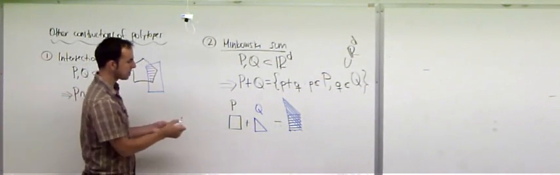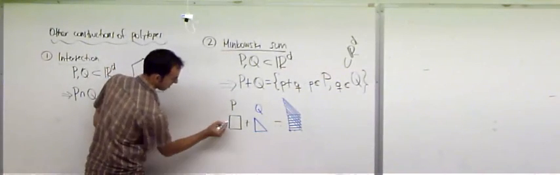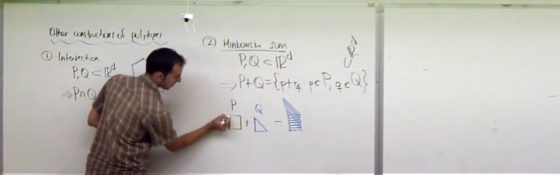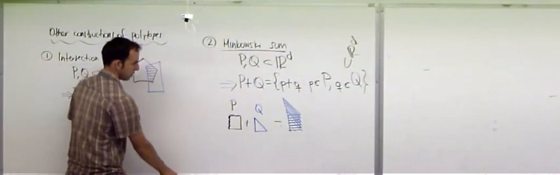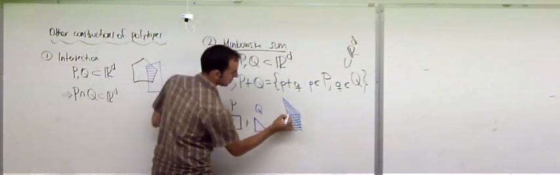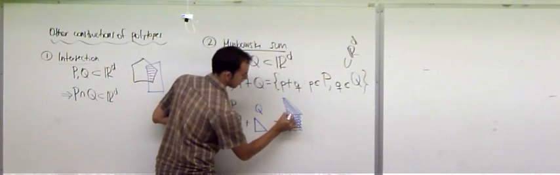So far what I did is that I traced this part of P. Now let's start tracing over in this direction. Then when I start moving in this direction, my triangle is going to start moving to the right. So I get something like this.